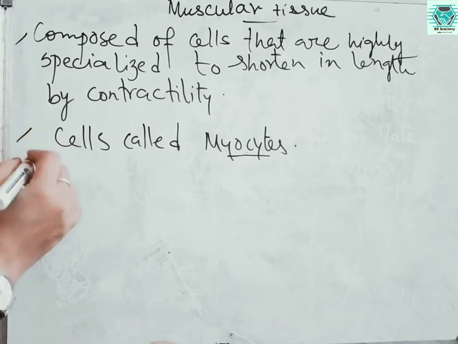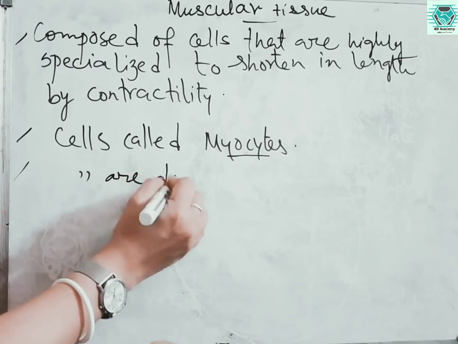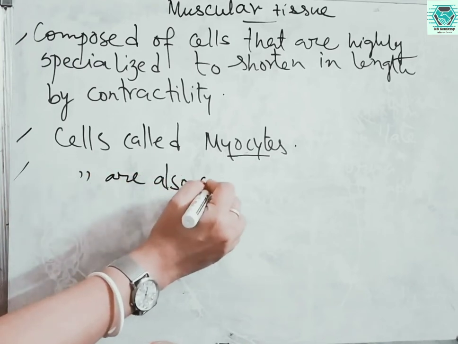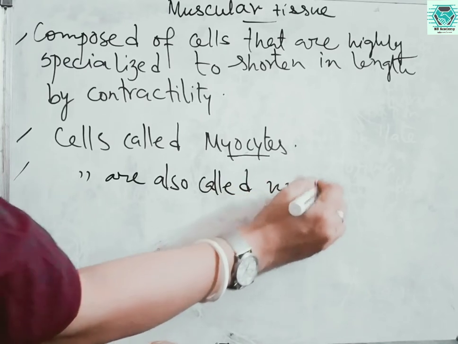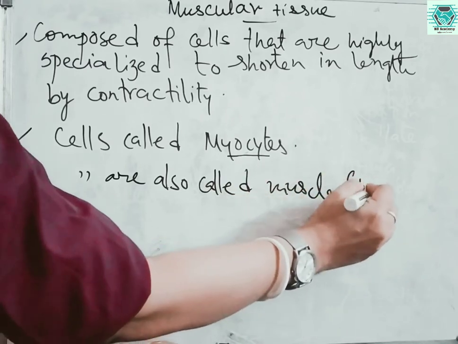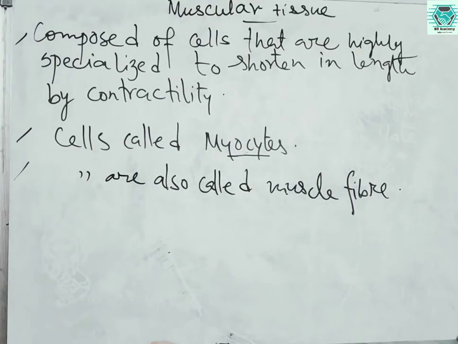The muscle cells are also known as muscle fiber, because they are some elongated kind of structure.